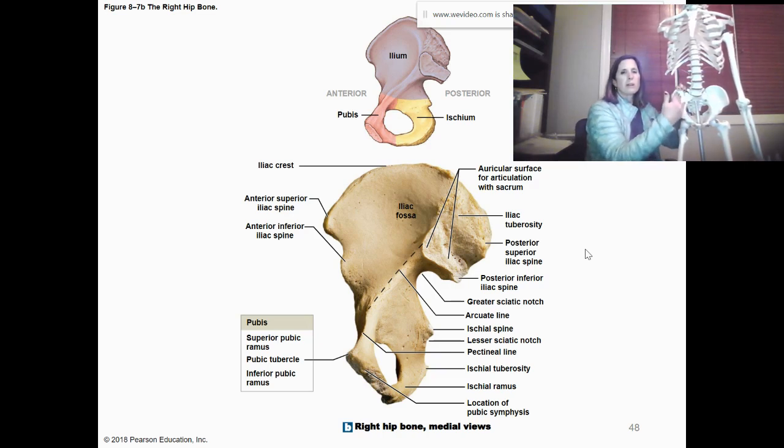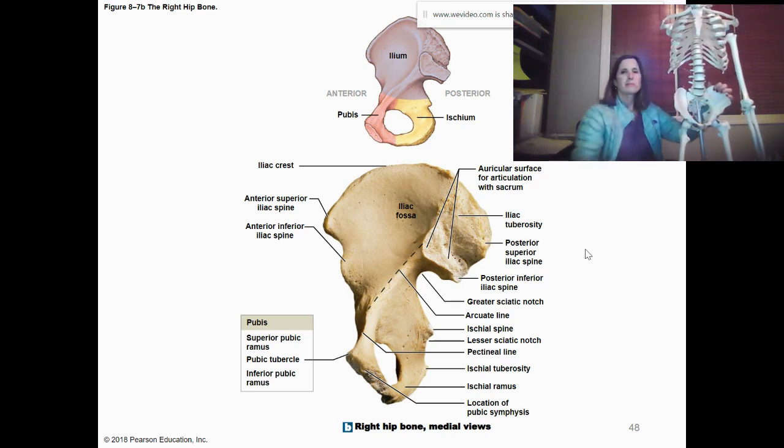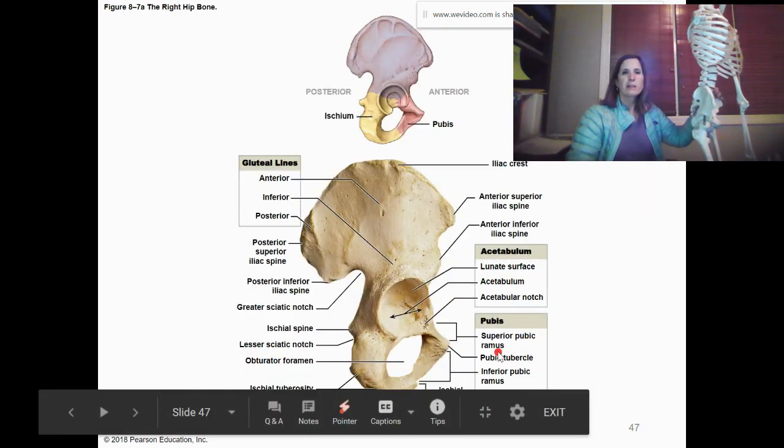And that's the other marking that you have to have. Okay? The whole thing is the ala, but like how it goes like this is the fossa. Now, that is it. I apologize, I thought we didn't have to know the greater sciatic notch. All right, so I'm going to go back.